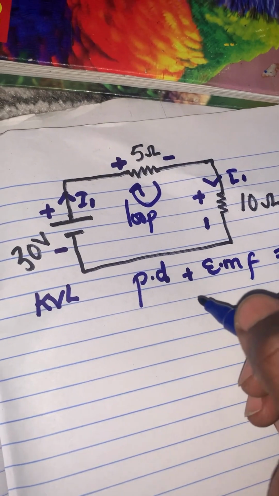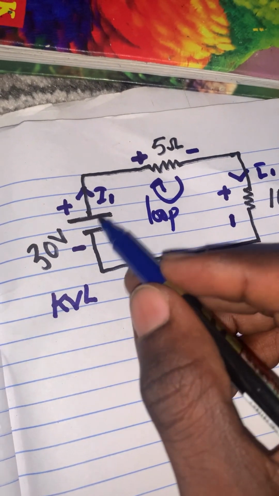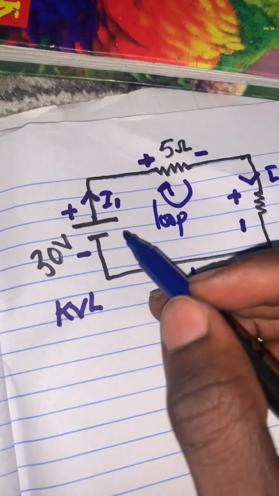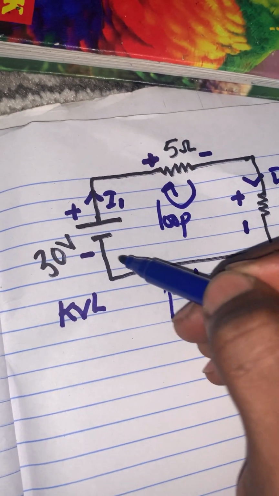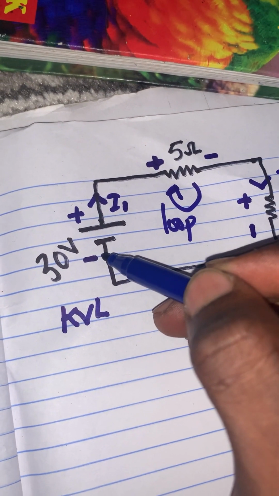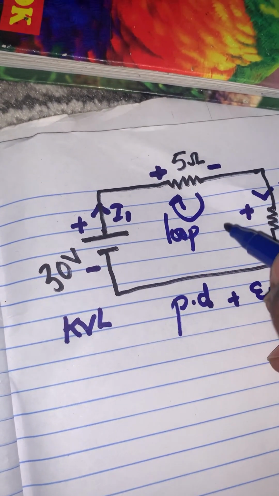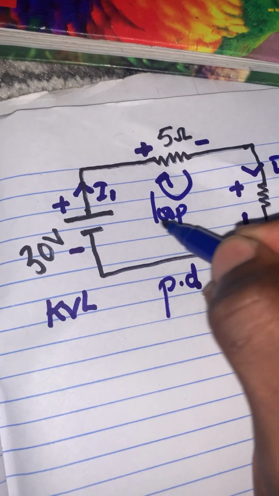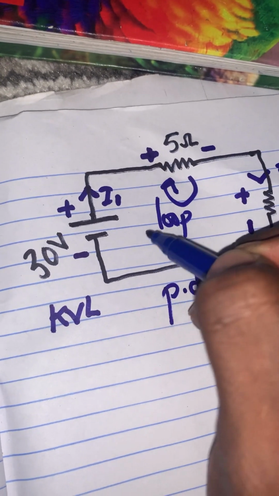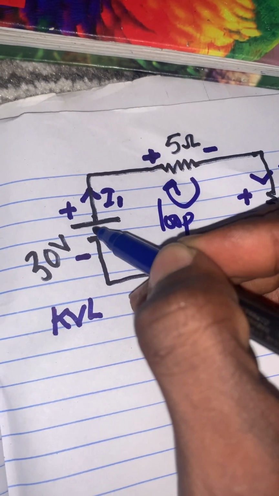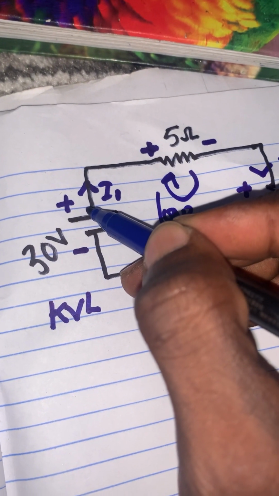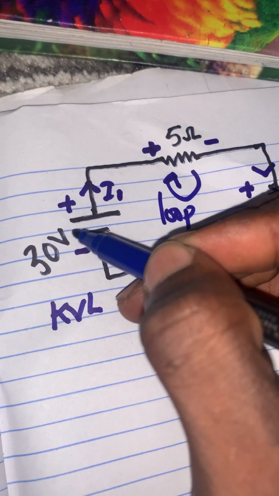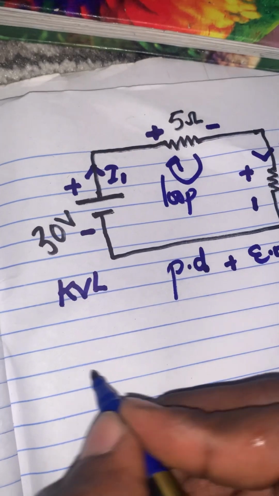And the last step is, I suggest you start making your equation from the battery. In this battery, here is negative and here is positive, and we are going in a clockwise direction. So we end up at the positive terminal of this battery, then you just take the last sign.